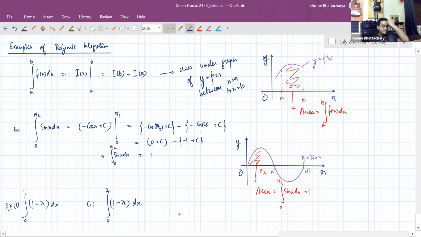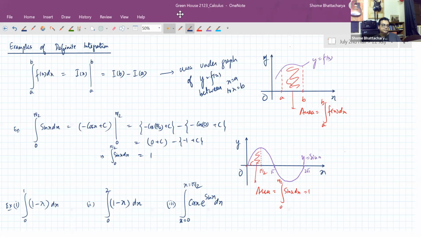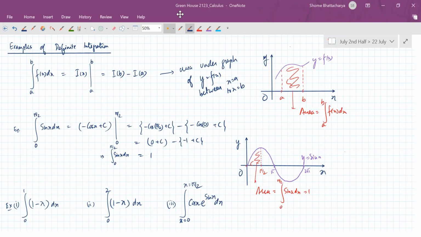When you compare these two, we'll get an interesting result here. Sometimes we write the limits with x equal to a and x equal to b also. It means the same thing. So let's try out these three questions. Make sure that we are clear with the application of definite integration.